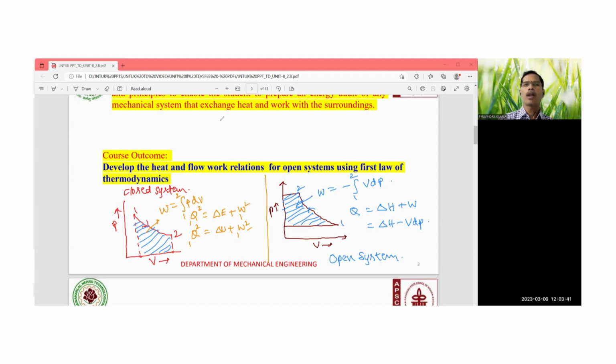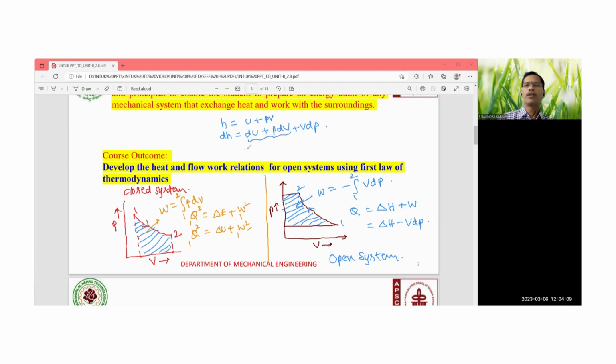How have we arrived at this? H is the sum of internal energy plus flow work. When you differentiate, dH is equal to dU plus PdV plus VdP.